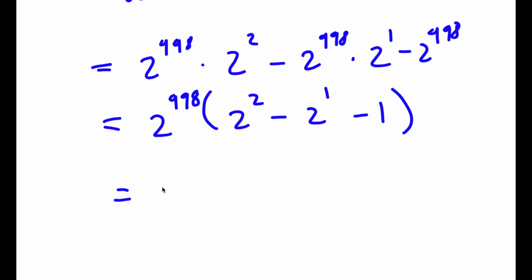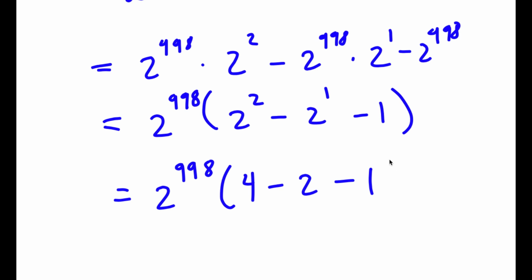Now this is equal to 2 to the power of 998 times 2 squared, as we all know, is 4, minus 2 to the power of 1 is simply 2, and we are left with 1 at the end. So now 2 to the power of 998 times 4 minus 2 minus 1.